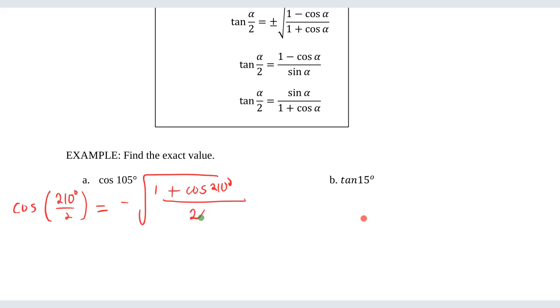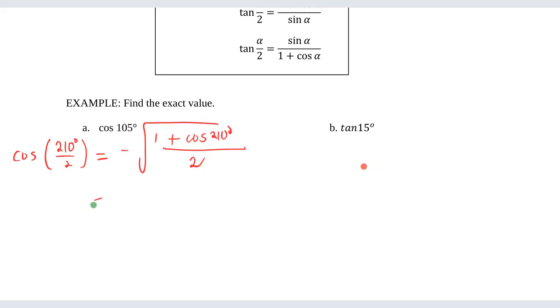All right, next, let's go ahead and simplify this. So we have 1 and then radical 1 plus. I'll go back to the coordinate plane. 210 degrees would be here. Again, we are going to look for the reference angle. We know that the reference angle would be 210 degrees minus 180 degrees, which is equal to 30 degrees. As you can see, it's a common angle, 30 degrees.